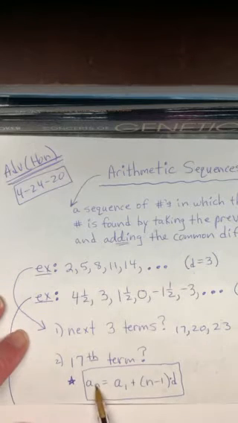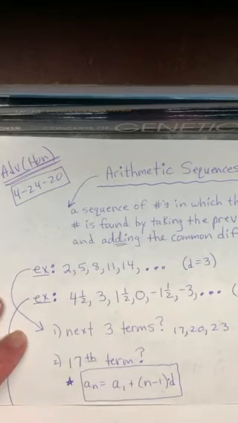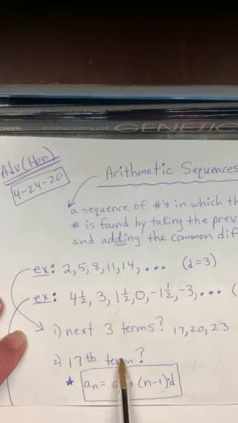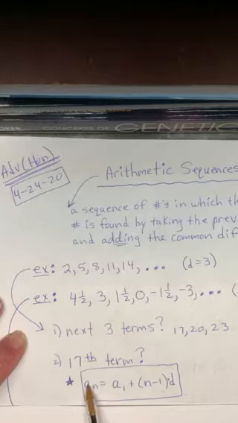To find the nth term of any arithmetic sequence, you're going to use the formula a sub n equals a sub 1 plus parentheses n minus 1 times d. Now, in this case, we're looking for the 17th term, so that'd be a sub 17.